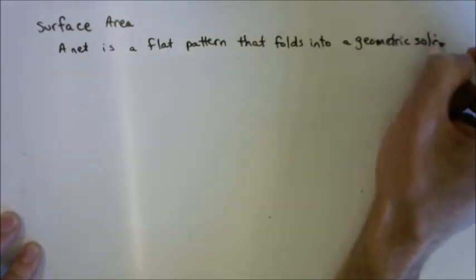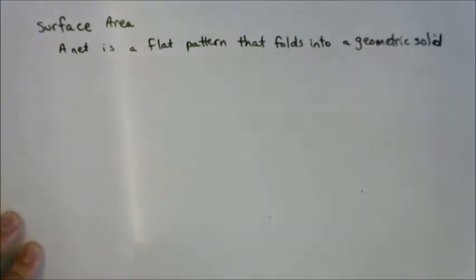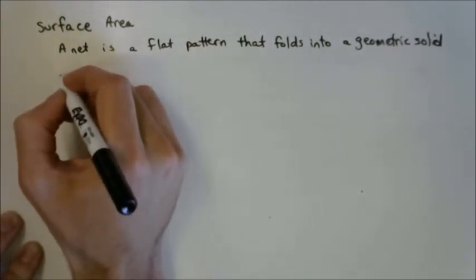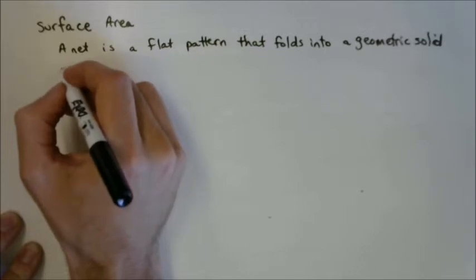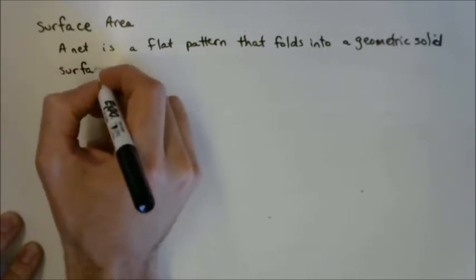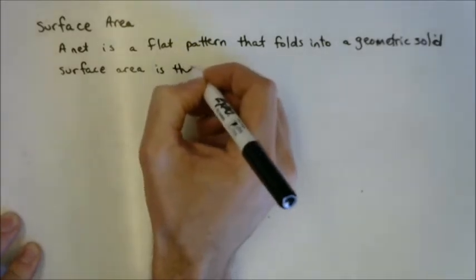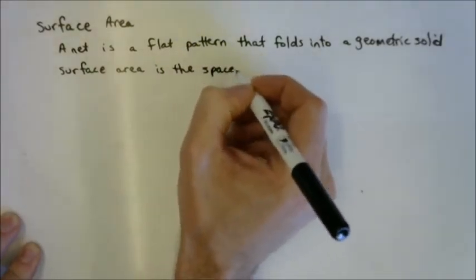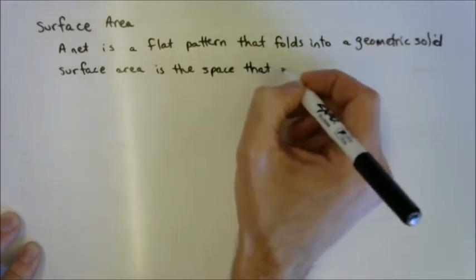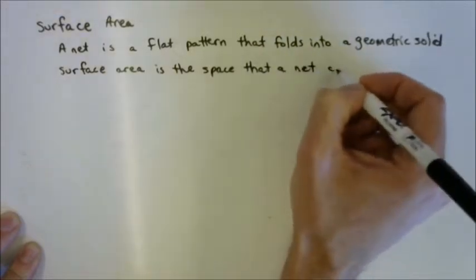A solid being a three-dimensional shape. Okay? Surface area is the space that a net covers.